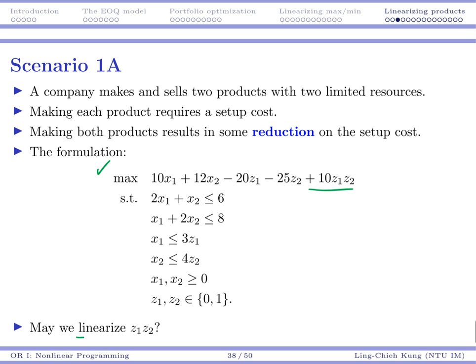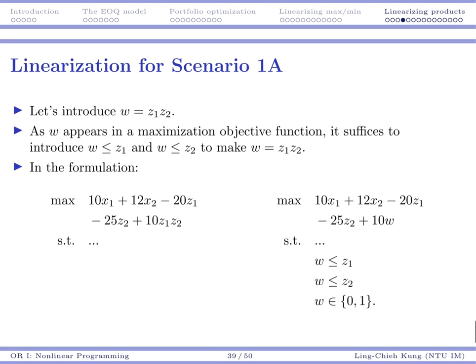Now let me introduce how this may be linearized. For this case, again, let's introduce an additional variable. Let's call it W. I'm going to replace Z1 Z2 by W. Then somehow I need to put this into the constraints, but I cannot just write it down into the constraints. That does not linearize anything.